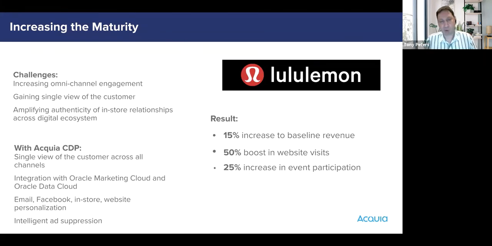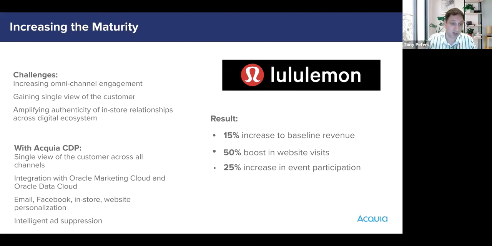Some of our more mature customers, like Lululemon, who do sporting wear, wanted to increase that omni-channel engagement, that single view of the customer, and amplify authenticity of the in-store relationships across the digital ecosystem. So they were, of course, able to get that single customer view.